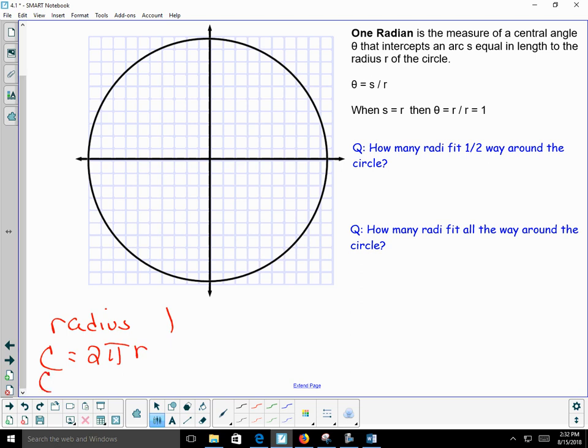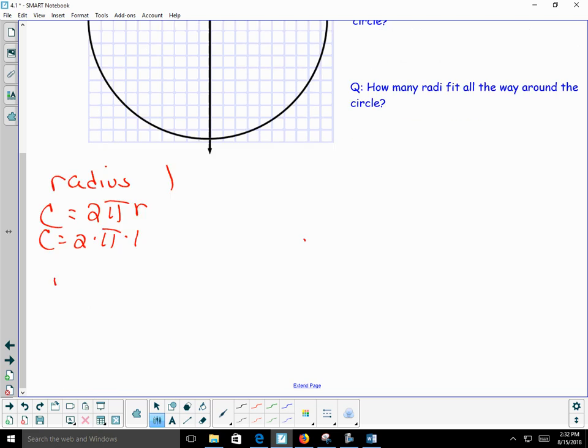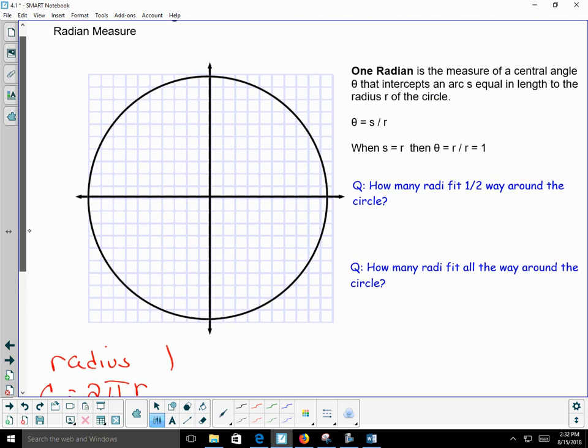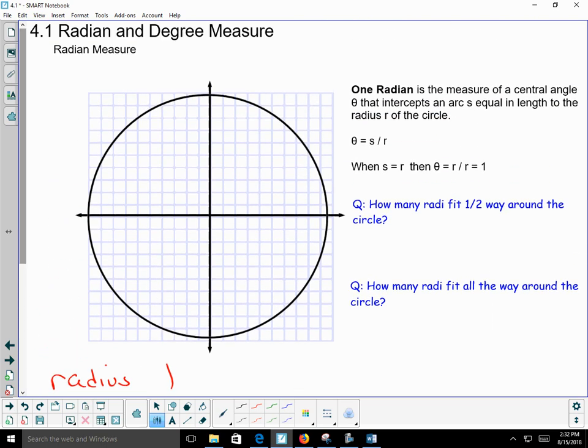So in this case, my circumference would equal 2 times pi times 1, so the circumference of the circle would equal 2 pi. When I do radian measures, instead of looking at the angle that's formed in here, the radian measure is looking at my arc length out there. So it's asking me what fractional part of this circle do I have.